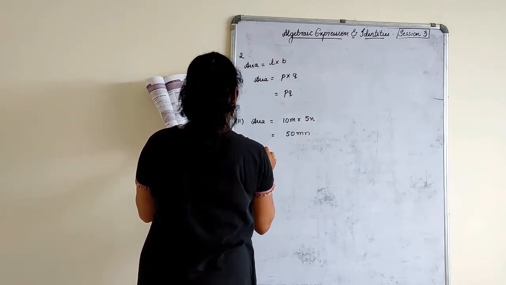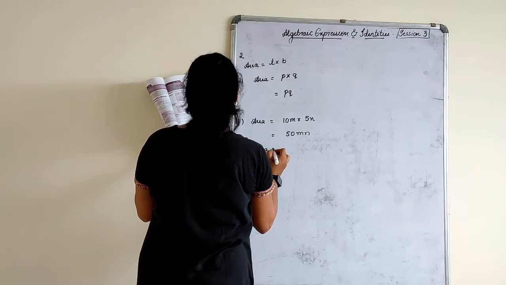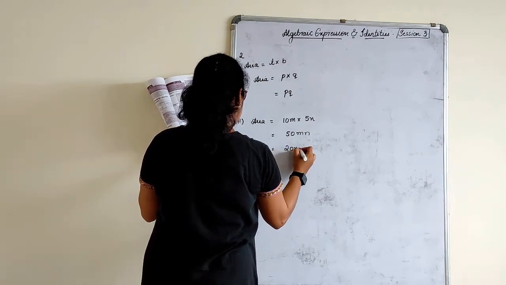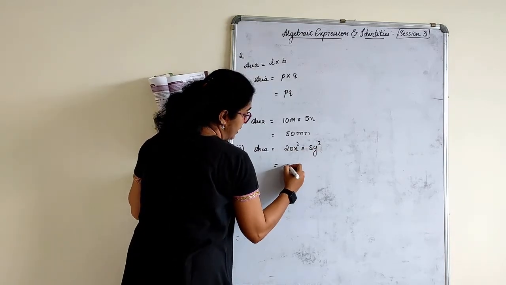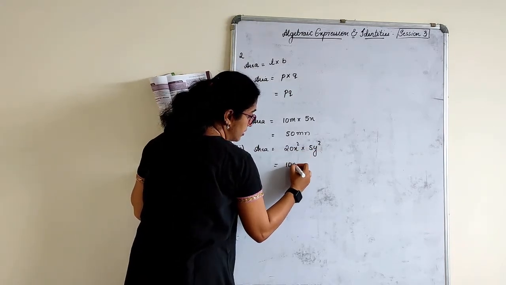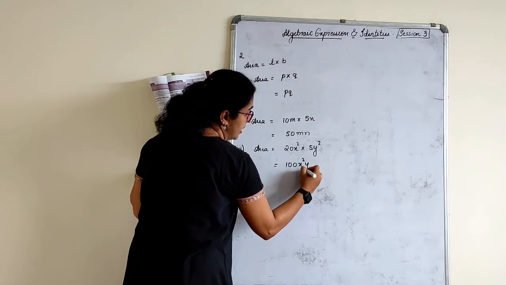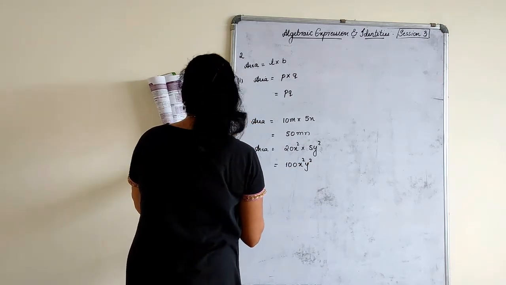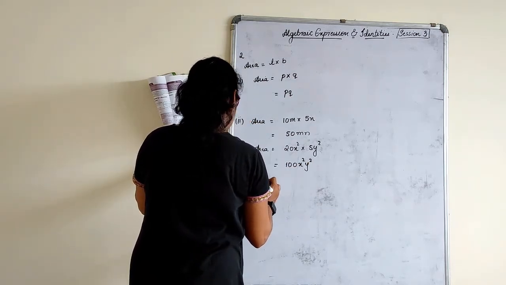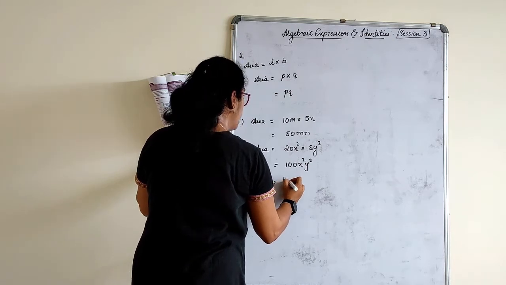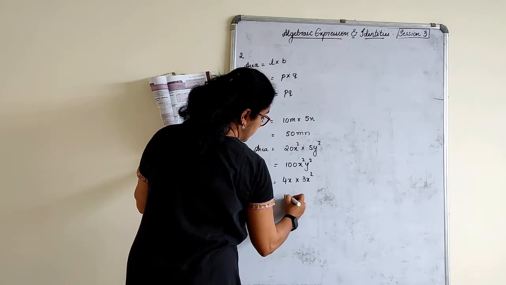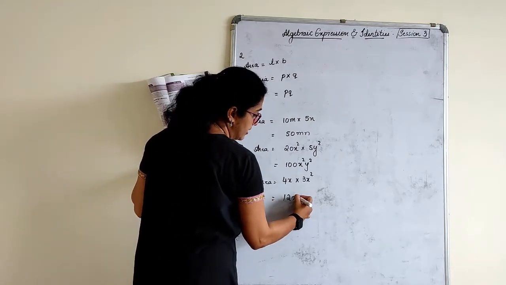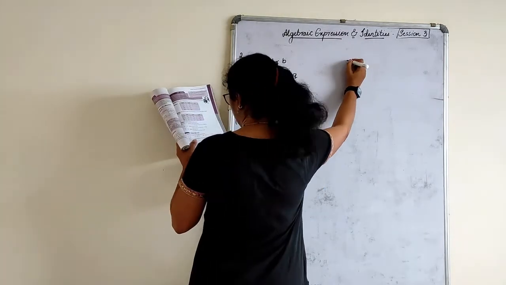Third one, area is equal to 20x square into 5y square. 20 into 5 is 100, so 100x square y square. Fourth one, area is equal to 4x into 3x square. 4 threes are 12, x 2 times, x 1 time, x 3 times.